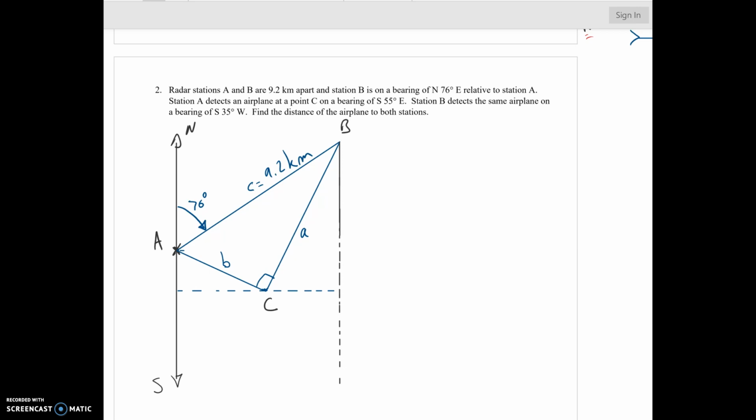Then the station A detects an airplane at the point C on a bearing of south 55 degrees east. So south 55 degrees east is right here, 55 degrees.